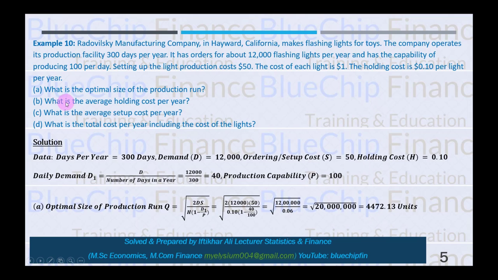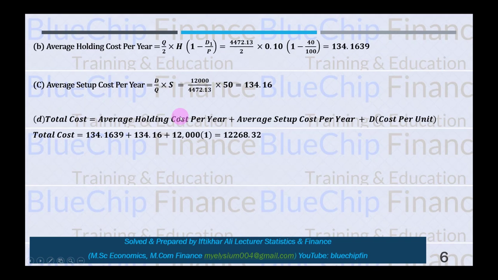And now, what is the average holding cost per year? The same logic should be applied here.